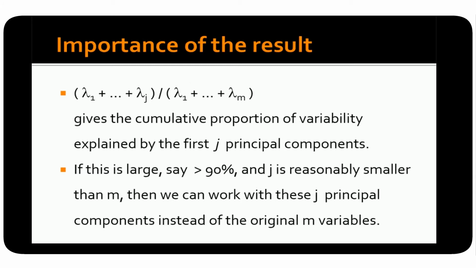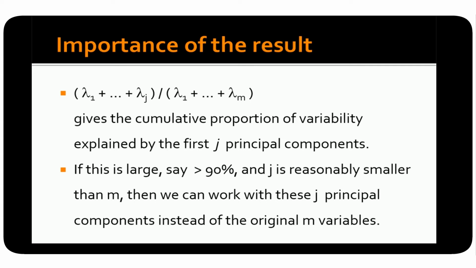Now, if you take the cumulation of this for the first j principal components, that would be lambda 1 plus lambda 2 up to lambda j divided by lambda 1 plus lambda 2 up to lambda m. That would give us the total variability obtained by looking at the first j principal components. If the first j principal components explain maybe 90% or 95% of the total variability, then we only take the first j principal components and stop.